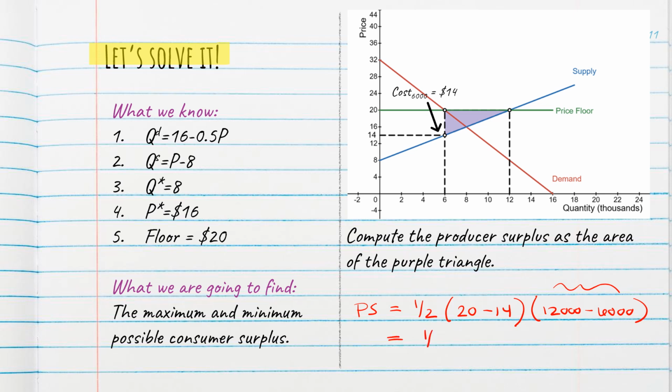So we end up with 1/2 times 6 times 6,000, which is equal to 18,000. Keep in mind that the maximum possible producer surplus was 54,000. So we have a very big difference in producer surplus depending on whether we have the right producers supplying the good or the wrong producers supplying the good.